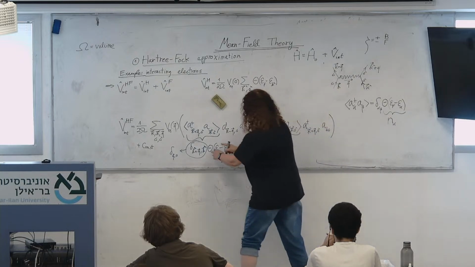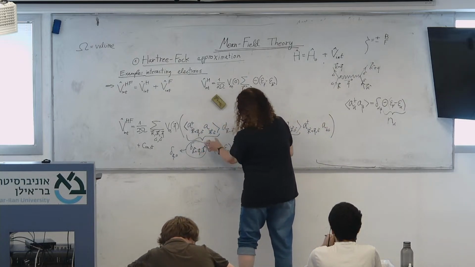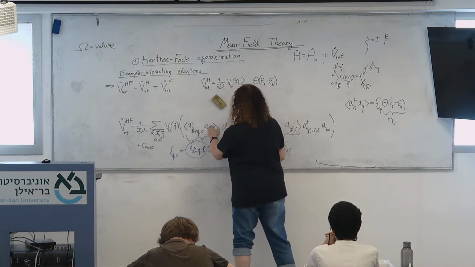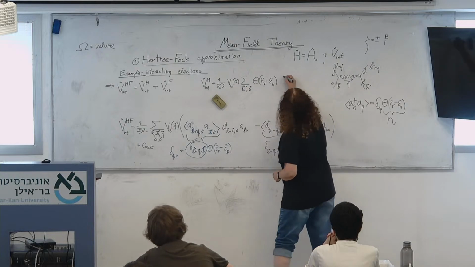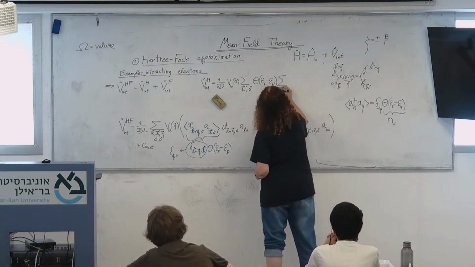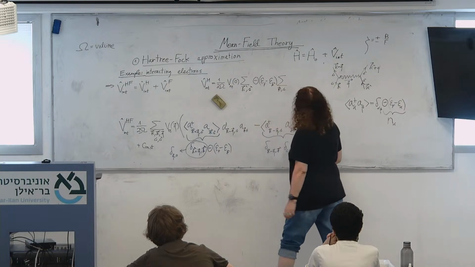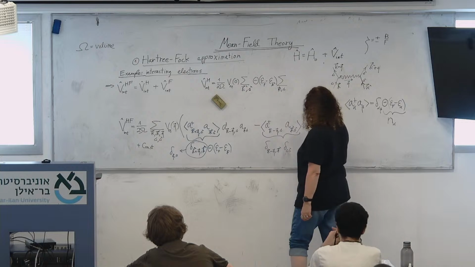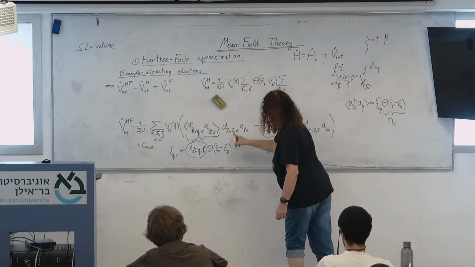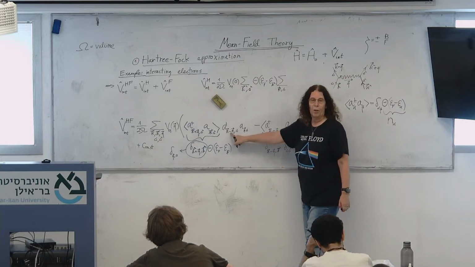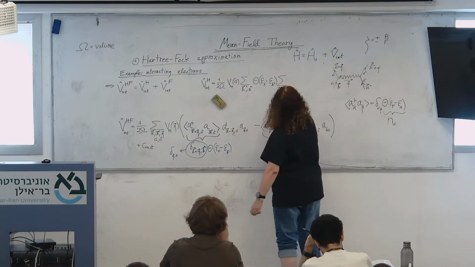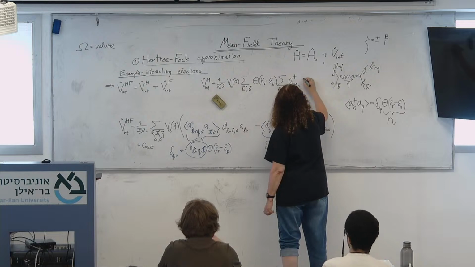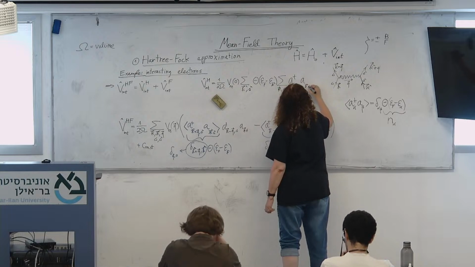Okay, so I plug this expression here, and I did the summation first only over k prime and sigma prime, and I still have a sum over k and sigma of whatever is left. Whatever is left is this, but Q equals 0. So it's actually just a k sigma dagger a k sigma.